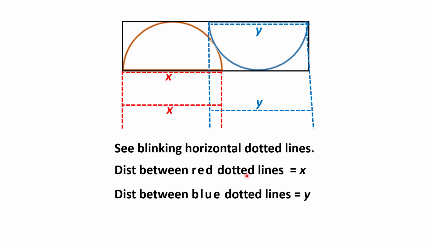Similarly, the distance between the two blue dotted lines is equal to the diameter of the second semicircle. See the two horizontal blue dotted lines blinking. So this blue distance is equal to the diameter of the second semicircle, and this red distance is equal to the diameter of the first semicircle. So the distance between the two red lines is x, and the distance between the two blue lines is y.